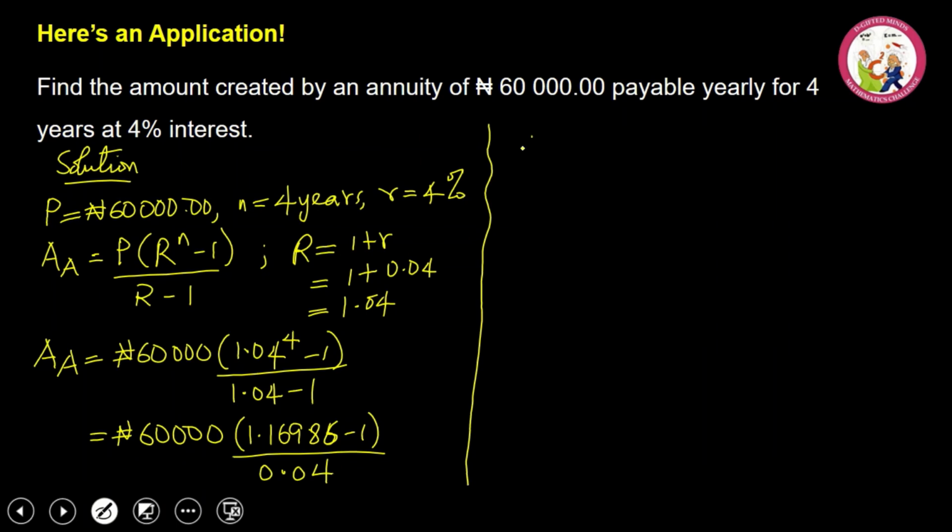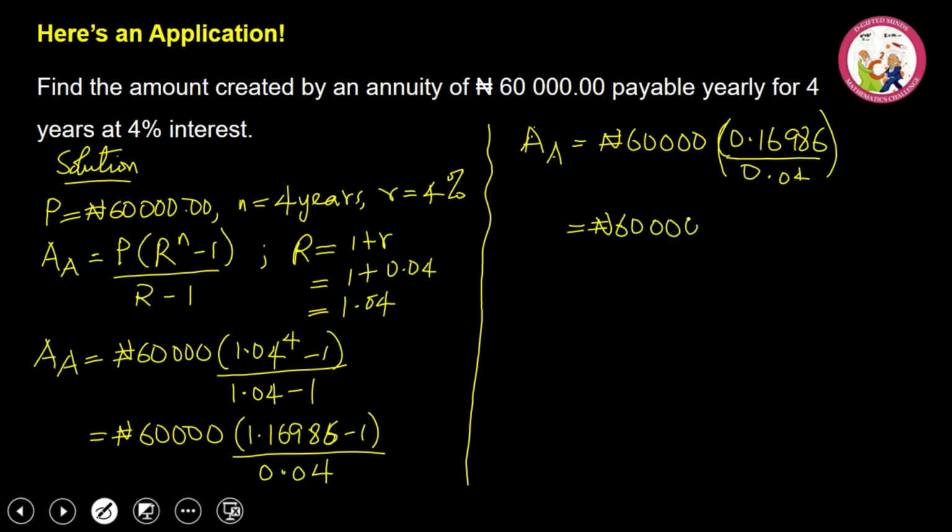Okay, so that the amount of an annuity AA will then be equal to 60,000 naira times 0.16986 divided by 0.04.